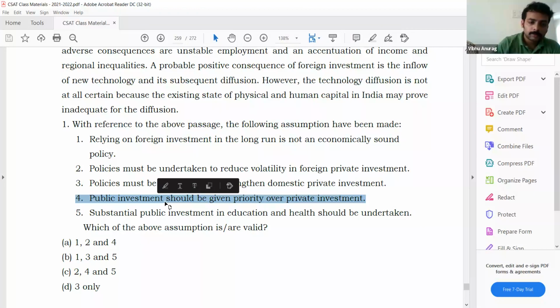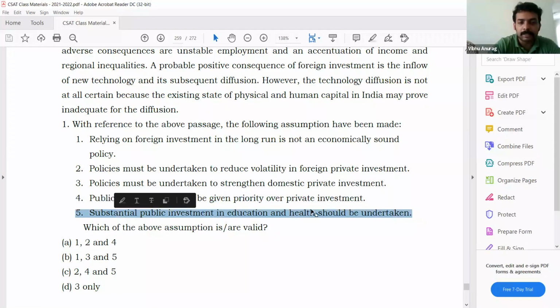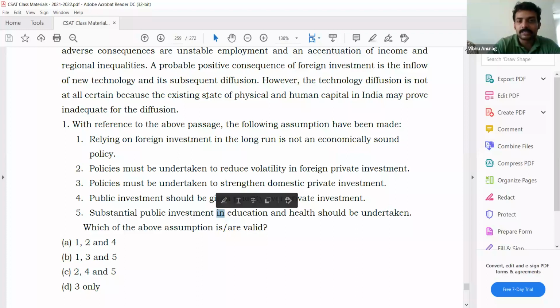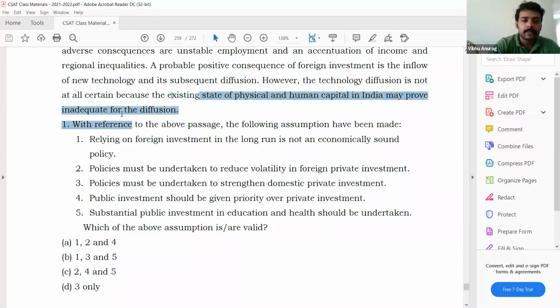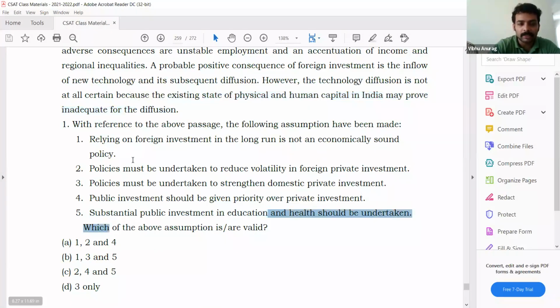There is no such comparison made between public and private, which one should be prioritized. So that's wrong. And 5, substantial public investment in education and health should be undertaken. Yes, because he says that the existing state of physical and human capital is inadequate. So the author believes that investment should be undertaken in these avenues.